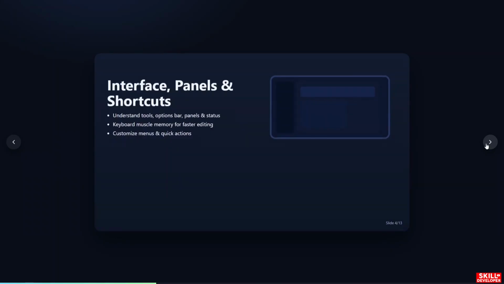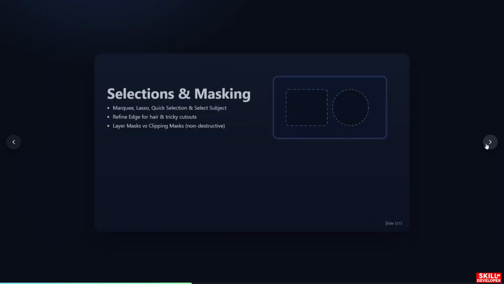You'll also learn about the interface, panels, and shortcuts, and that covers session 1. In this session, you will know all the basic shortcuts that one might need to be a professional.